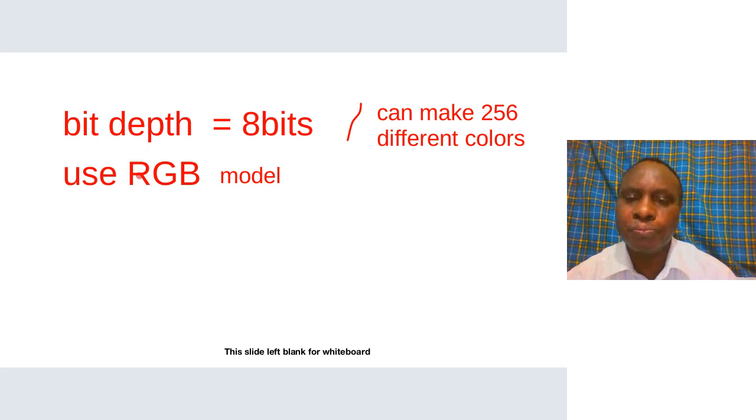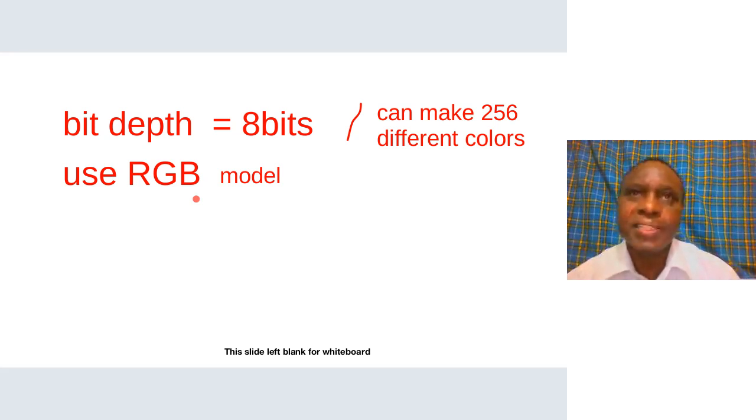Normally the way it goes is that they will be distributed into 3, 3, 2. So red will have 3 bits, green will have 3 bits, and blue will have 2 bits. Remember, those bits are zeros and ones.